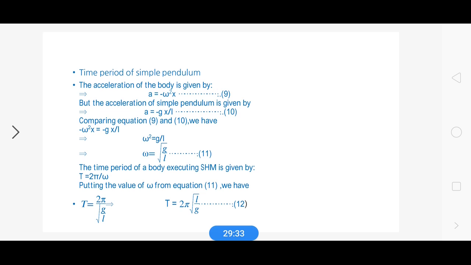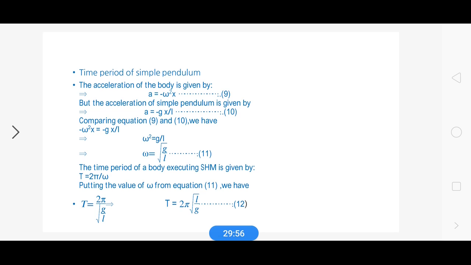By comparing these two equations, we just equate them: minus omega square x is equal to minus gx by L. So x gets cancelled, and the minus signs also get cancelled.